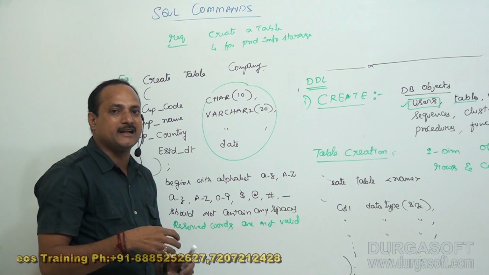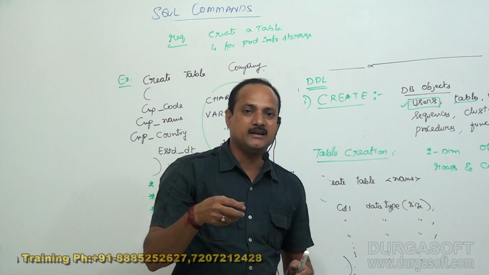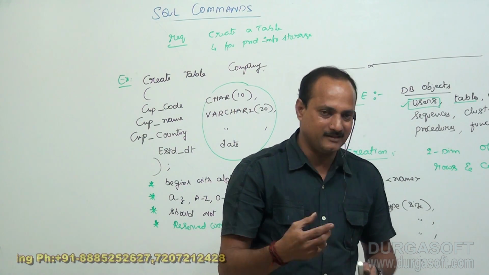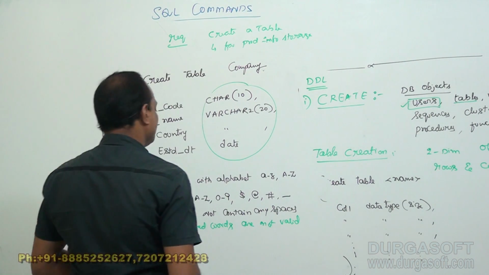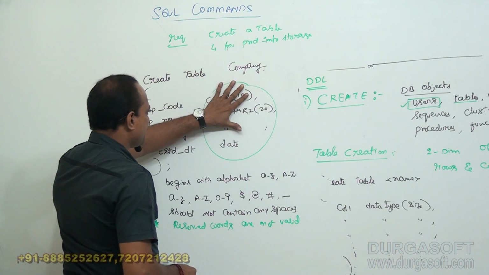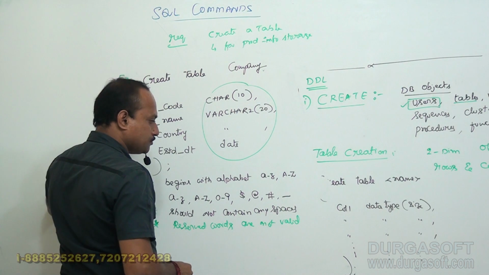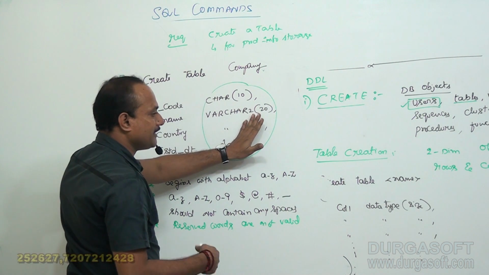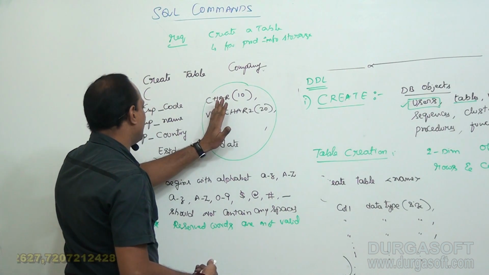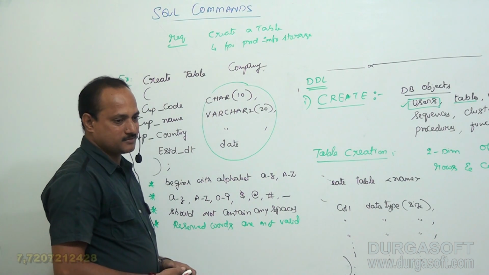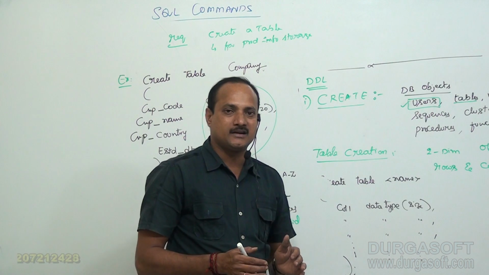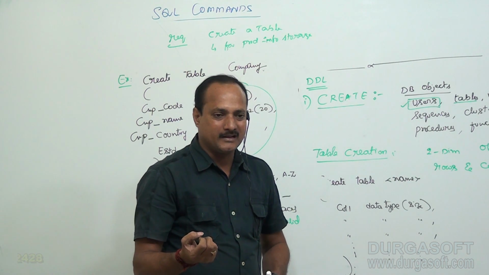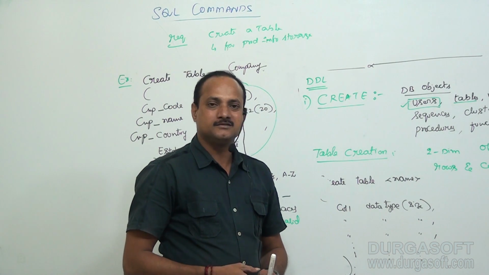If you are entering a 10 character length value, then the Oracle engine assigns 10 character length memory to that element. So the data type represents the type of data in the columns, and the Oracle engine allocates the required memory for each value in the columns. That is the advantage of data types, and we will see what the valid data types in Oracle are in the next video. Thank you very much.